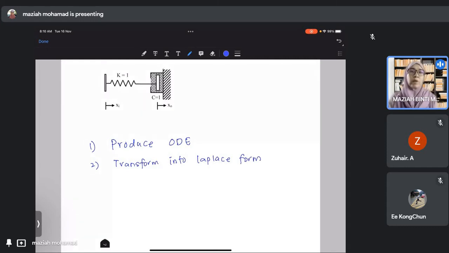We already looked at the table on how to use common functions to go from time function into Laplace form, right? And then number 3 is to apply initial condition.